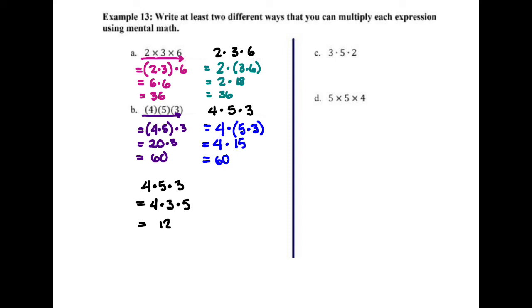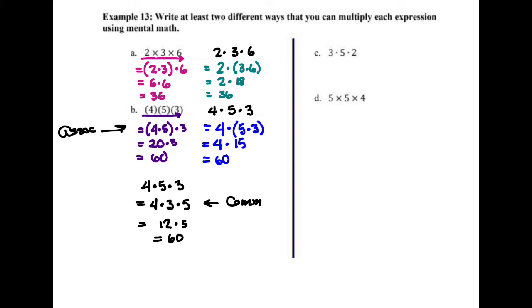So I get 12 times 5, which would be 60. Okay, so this here is the commutative property. These are the associative property. So we're using properties to make mental math better.